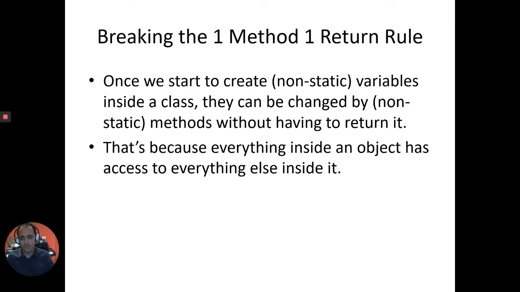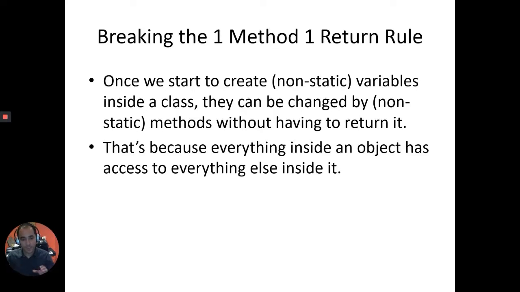And when I tell my students this, I tell them, yeah, I'm calling it a rule, but as you're going to see when we get to intermediate programming, there's actually a few ways to break that rule. And now that you've learned about static and instance, this is the first way that we can break that rule. We now have this idea of instance variables. These variables belong in a class, and they're also accessible to any non-static method that is inside that class. That means that a method has access to those instance variables, it can change those instance variables, and so now we can have a method that could do a whole bunch of work.